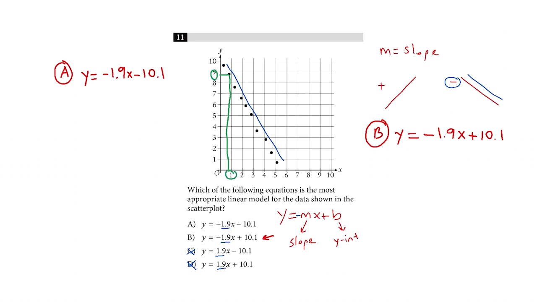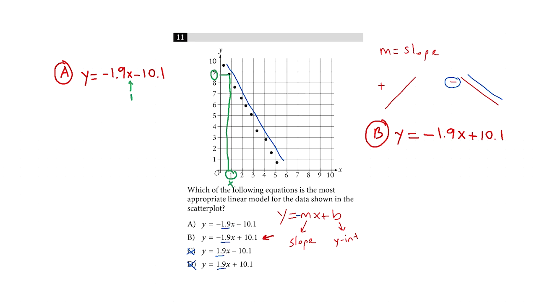So if I substitute 1 for x, it's the easiest one, as you see here, to find the y. Whenever I substitute 1 for x, I am supposed to find something very close to positive 9.